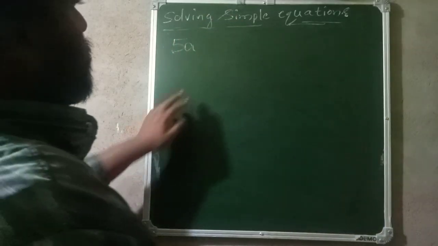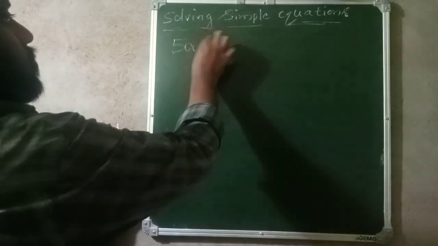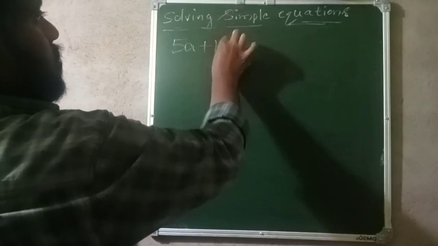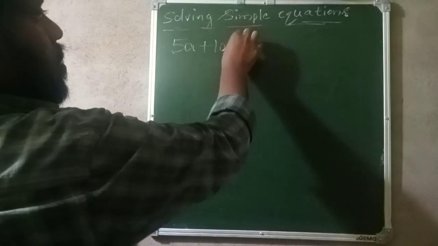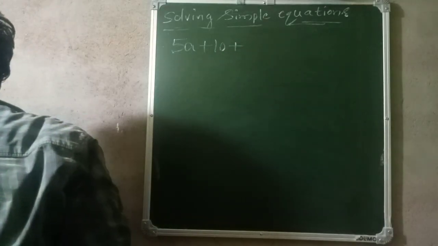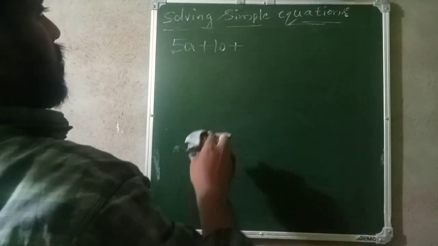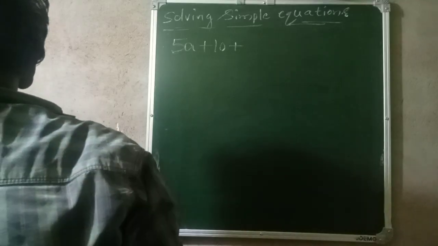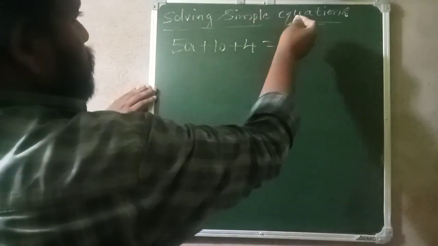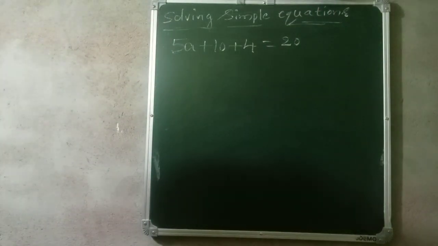So next example is 5a plus 10 plus 4 is equal to 20.